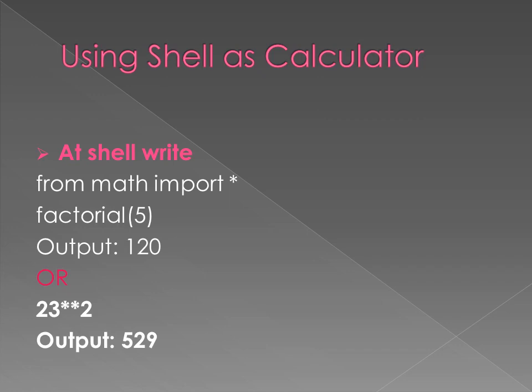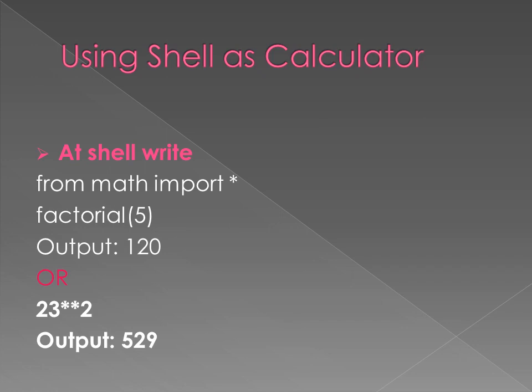So we can use the star if we do not write a specific function, then all functions are imported using this statement, and we can use any function from the math module or any other module which we want to use. Here, when we write factorial of 5 at the shell and run, the result is displayed in the next line.